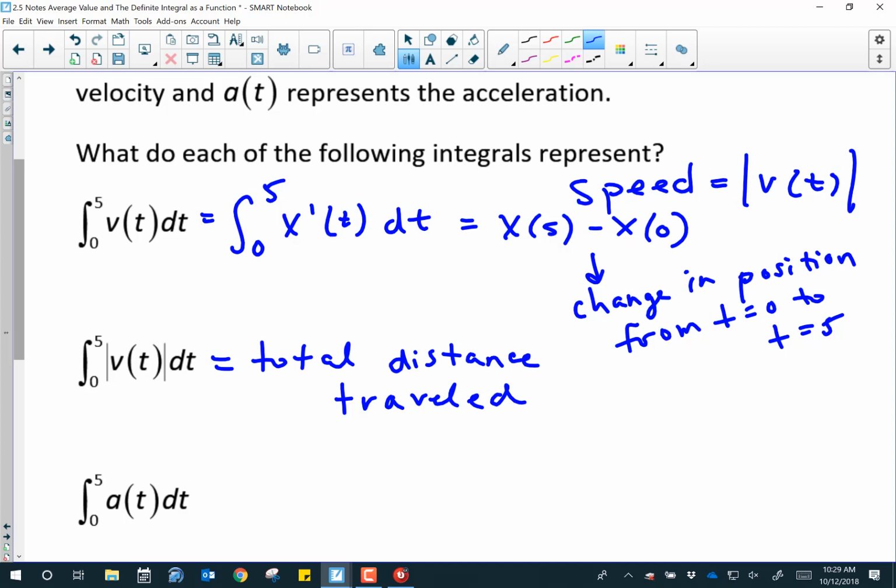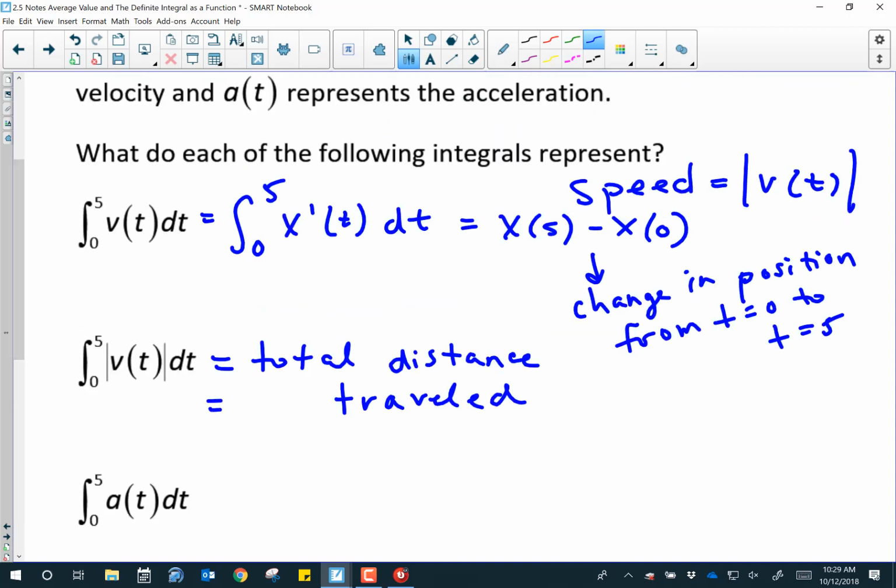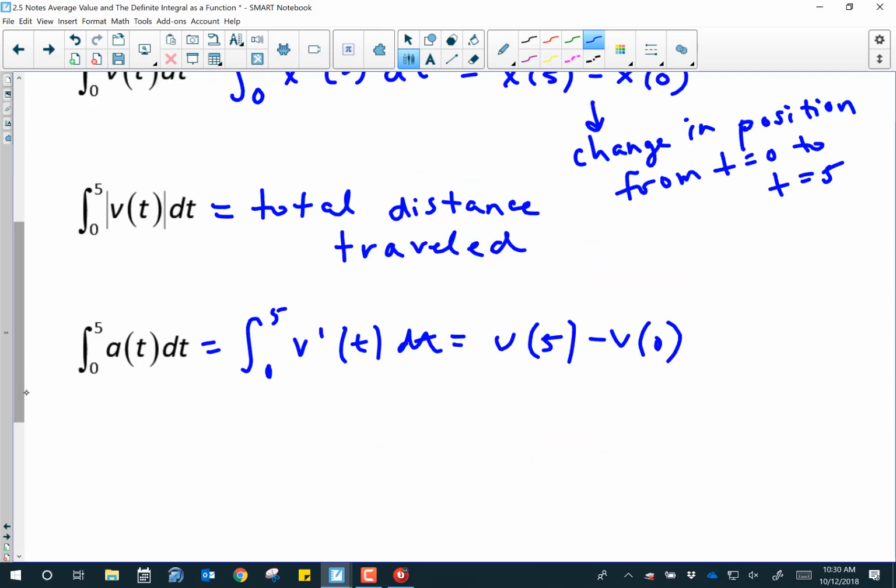Now, for acceleration, similar to what we just did at the top, if you rewrite acceleration as the derivative of velocity, then this is equal to v of 5 minus v of 0, and that's the change in velocity from time 0 to 5.